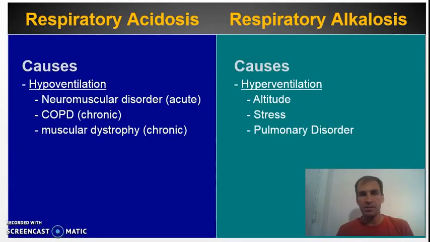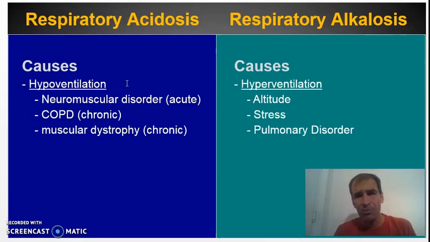Not surprisingly, if there are things that cause us to decrease ventilation, hypoventilation, and things that cause us to increase ventilation, that would affect getting rid of CO2. So one potential issue that may cause acidosis is respiratory hypoventilation. In other words, we can't breathe out enough, we can't get rid of CO2, and that would cause acidosis.